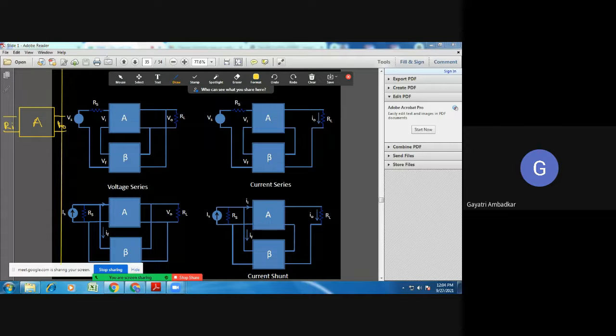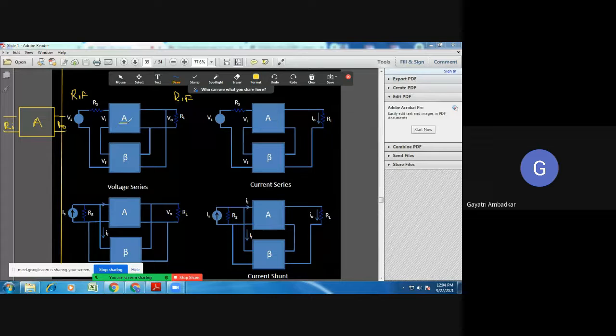Now, when you connect feedback, when you consider the complete network with the feedback applied, we will call the input resistance Rif and the output resistance Rof.